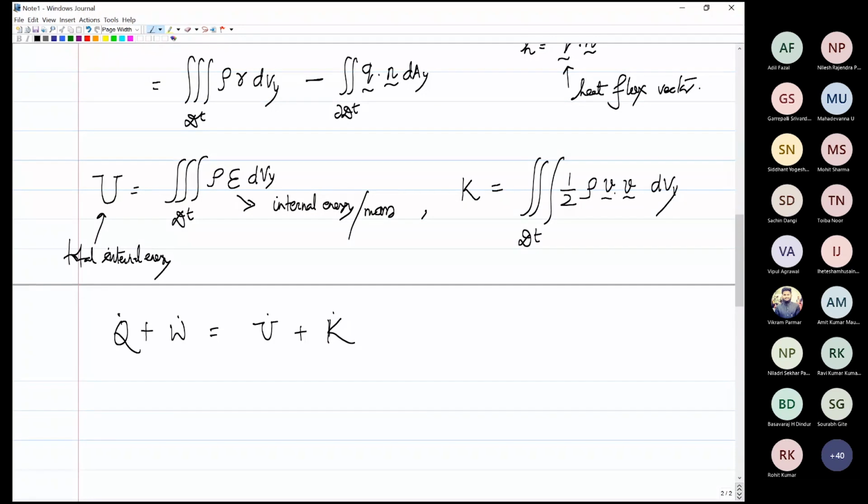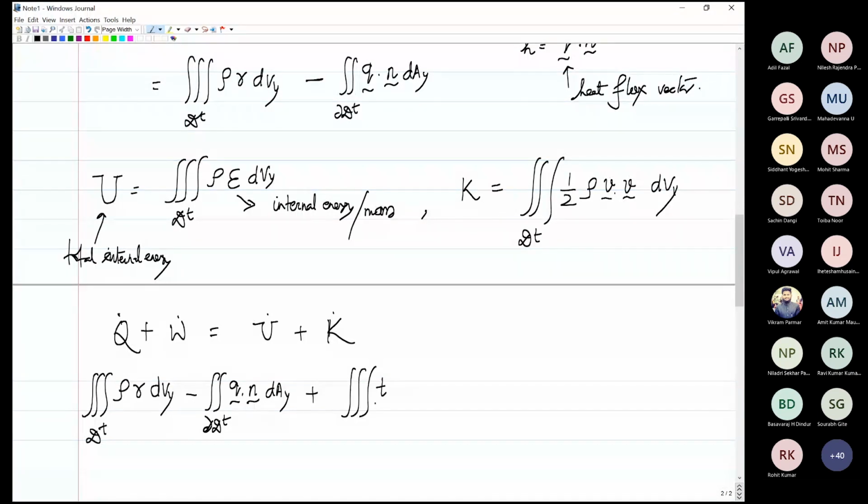And what we had was, substituting the above forms, we get the integral of rho r dVy minus the integral of q dot n dAy plus the integral of T dot v dAy, sorry, this is b dot v dVy.